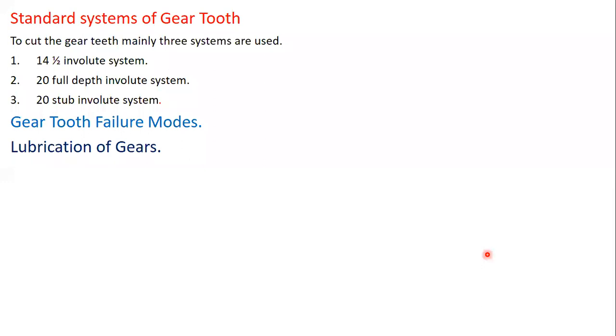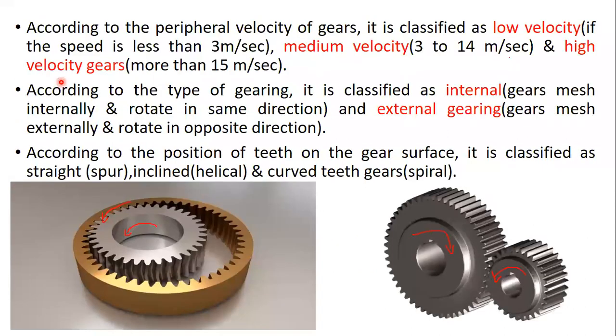And the second one is the 20 degree full depth involute system. In this system, the teeth are slightly broader at the root. Assume that this is a 20 degree full depth involute system.